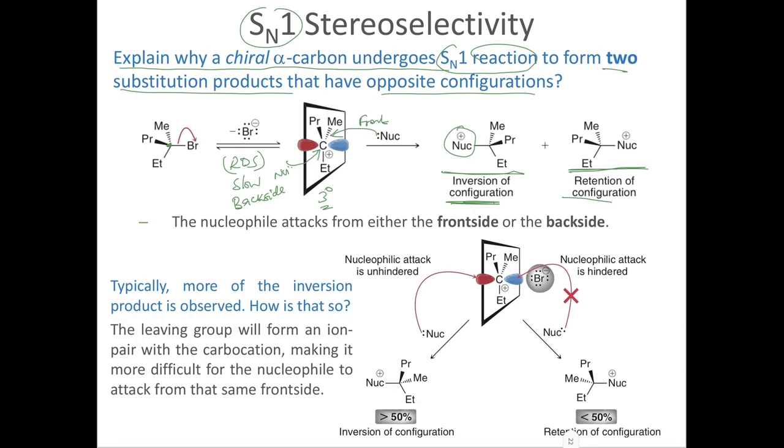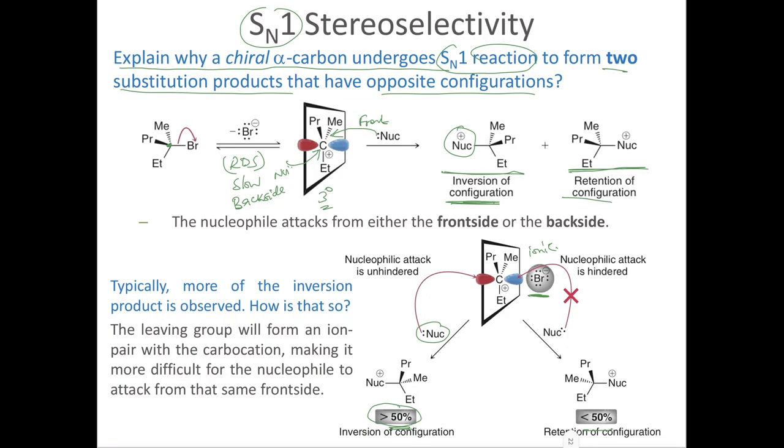Typically we would expect the yields to be 50%, 50%. However, the one that attacks from the back side is slightly greater than 50%. Now, we know that in the transition state, when the leaving group is being kicked out, there is still some ionic interaction.